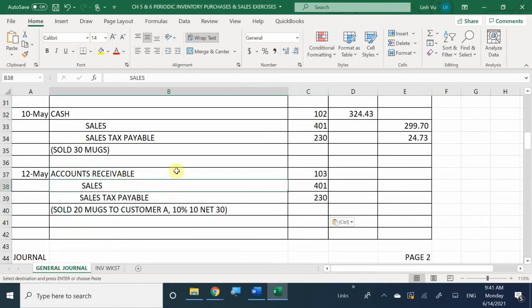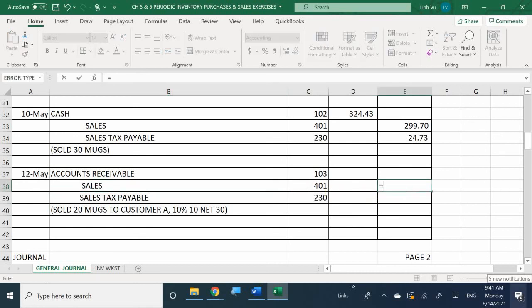So in this case for sales, how many mugs did I sell to customer B? 60 at 9.99. Okay, so that should give me a grand total sales of $599.40. All right. How much tax am I subject to collect? $49.45.